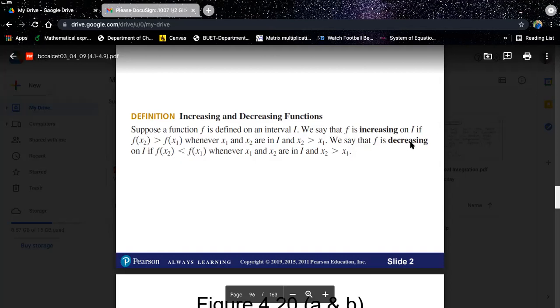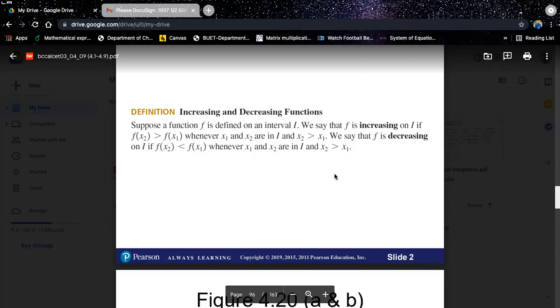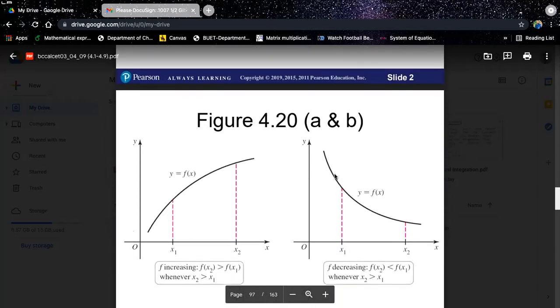Then we say the function is decreasing. Again, this is just the definition. If you see the graph, hopefully you will understand it better. We'll come back to the definitions again if we need.